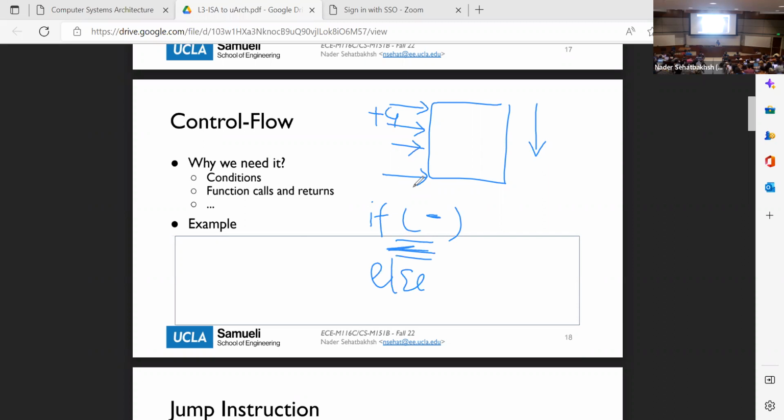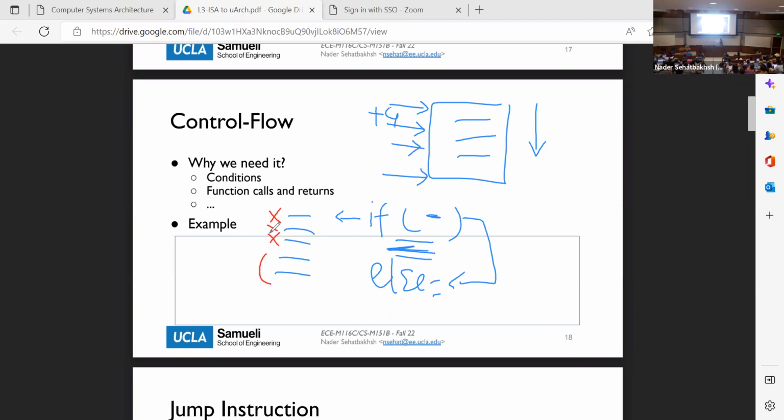If it's not true, then jump from here and go there and run those. If you want to create a linear format of this, we translate it into a series of instructions and put them into memory. But the reality is that if this condition is true, maybe we have to execute these 3 instructions and not these other instructions.